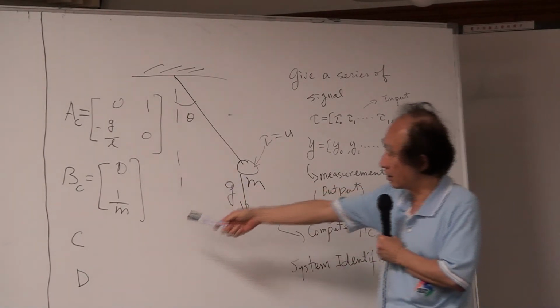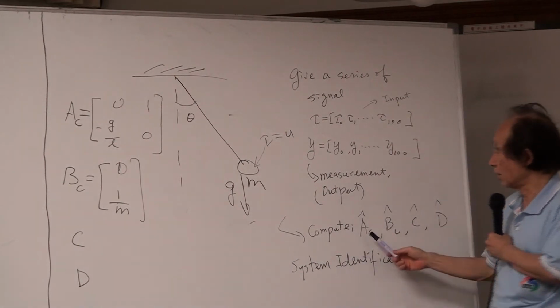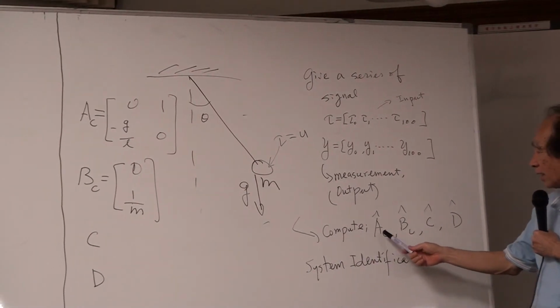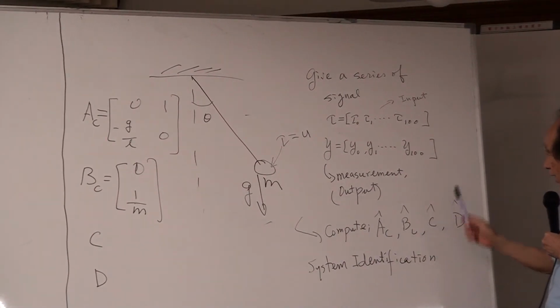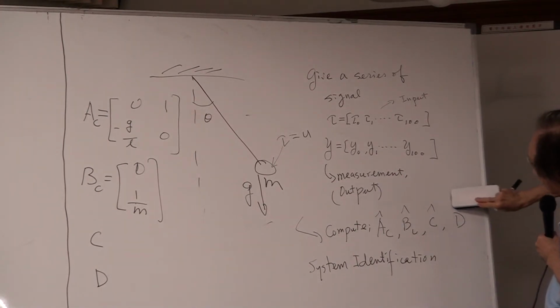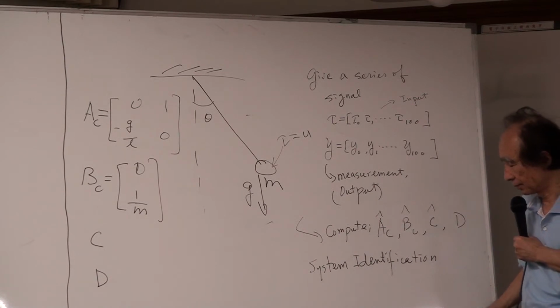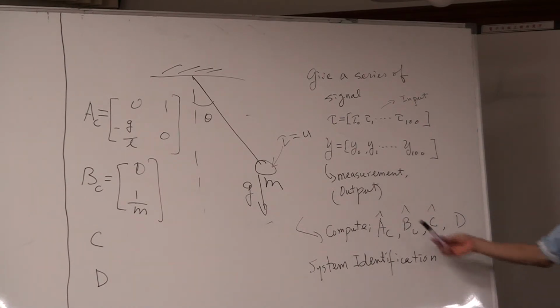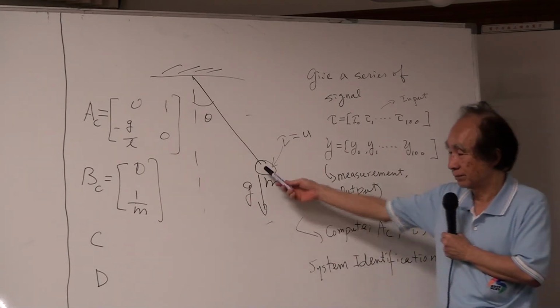Because AC, BC, and C are not unique, I identify another AC hat, BC hat, and C hat. As a matter of fact, D is unique, so D has to be the same. So I can identify a set of AC hat, BC hat, and C hat that also represents this system.